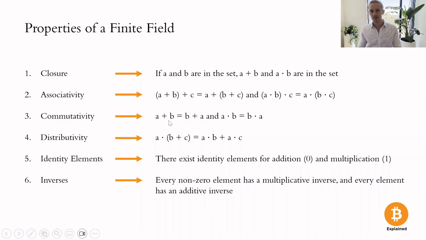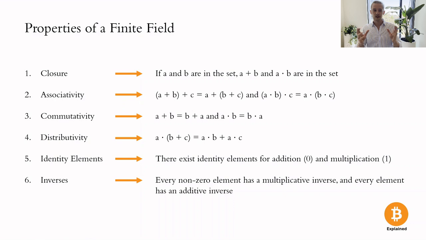So A plus B should be the same as B plus A, same for multiplication. Distributivity means that multiplication distributes over addition. So if you have B plus C in the brackets here and multiply that by A, then you can distribute the multiplication out.